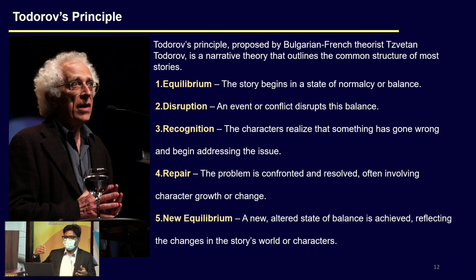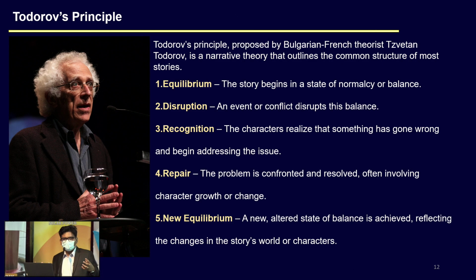It can be an accident, some personal matter coming up, a professional issue, something. And then there is a recognition, where the actors in the story start to identify that there is a problem and they need to resolve this. So the repair happens, and people come together.